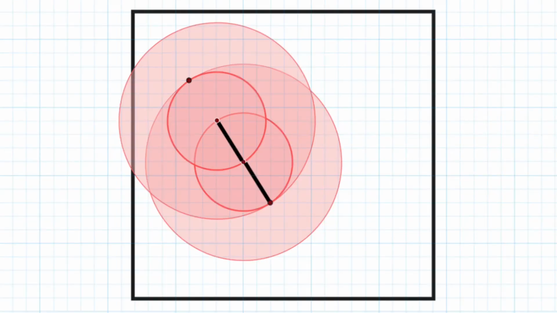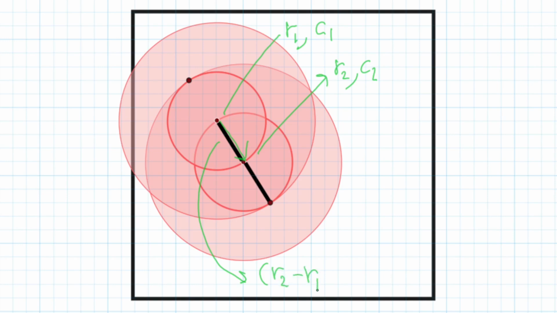Okay, let's do some calculation. This will be row 1, column 1, and this point will be row 2 and column 2. So this vector will be row 2 minus row 1 and column 2 minus column 1.